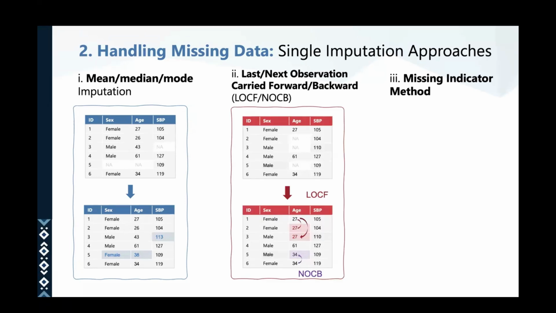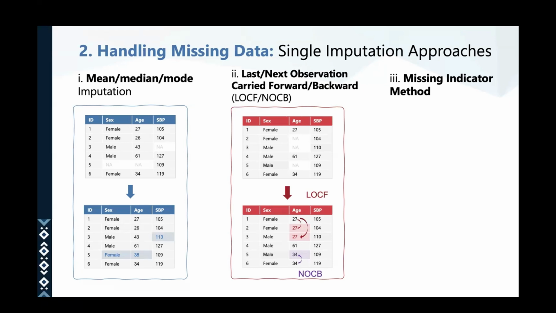The second type is to replace it with a method called last observation carried forward or next observation carried backward. Look at this example here. We could just take 27 and move it in front, and in that way we replace the missingness with the last thing we had. We could also take 34 here and fill the missing data before it.